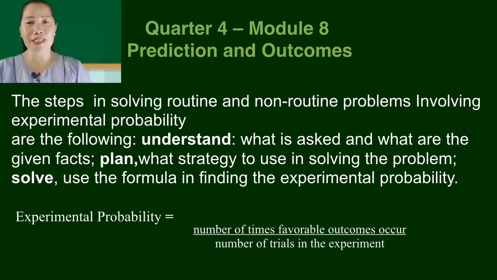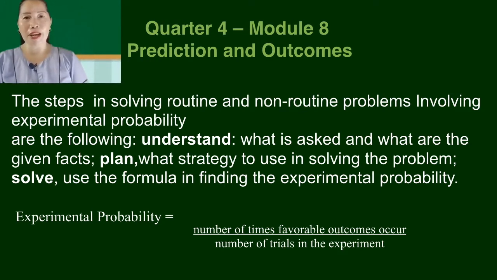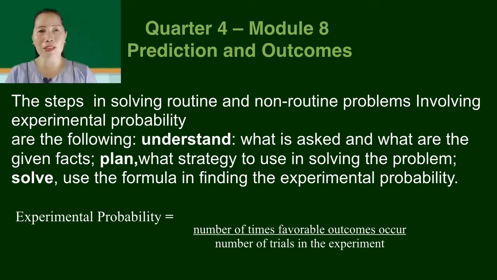First, understand what is asked and what are the given facts. Second, plan what strategy to use to solve the problem. Third, solve using the experimental probability formula. Experimental probability is equal to the number of times favorable outcomes occur over the number of trials in the experiment.